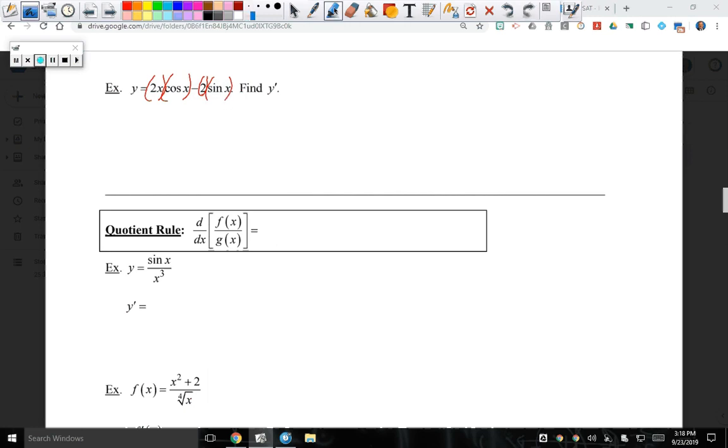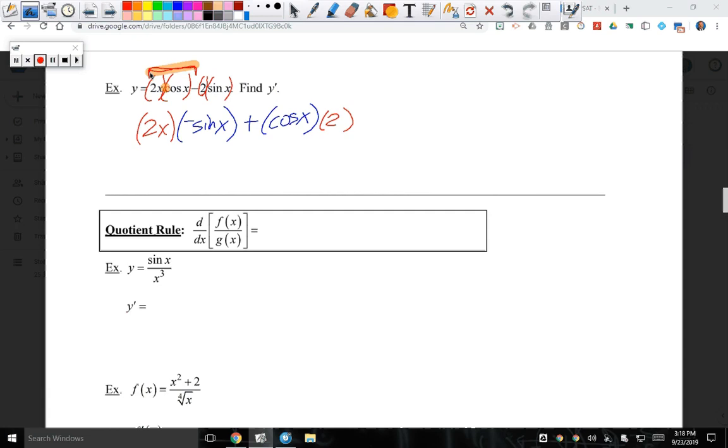Right here, I see this huge product between 2x and cosine of x. So already I'm thinking product rule. So real quick, first times the derivative of the second plus the second times the derivative of the first. And all we did was that piece right there.